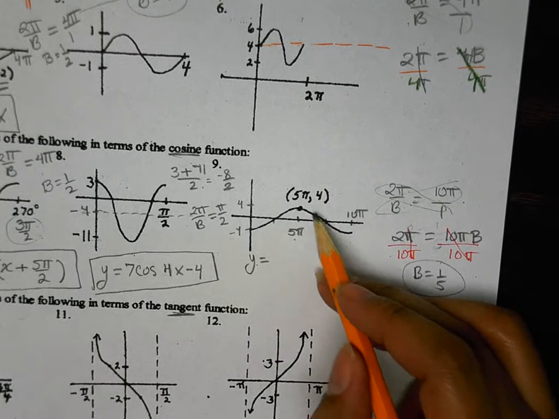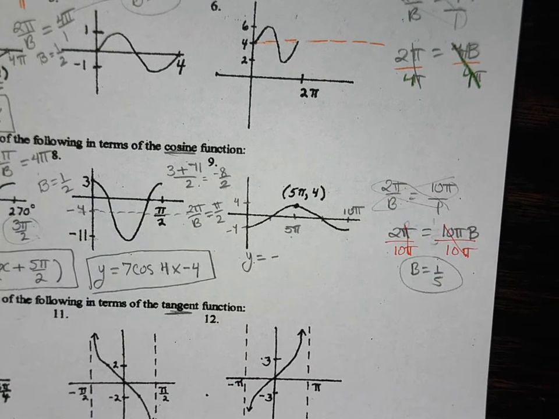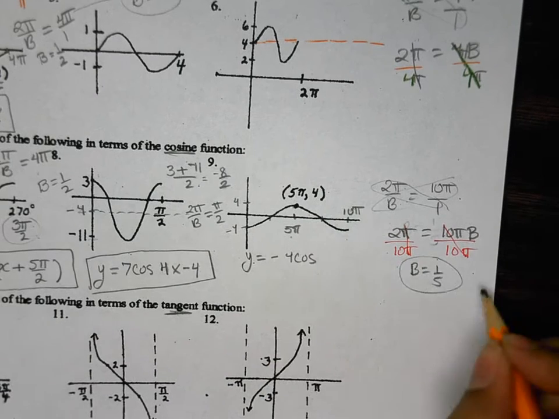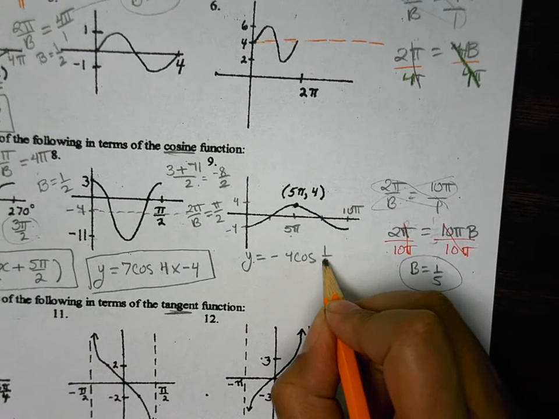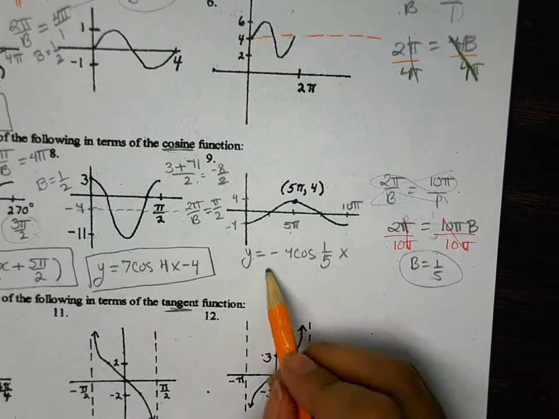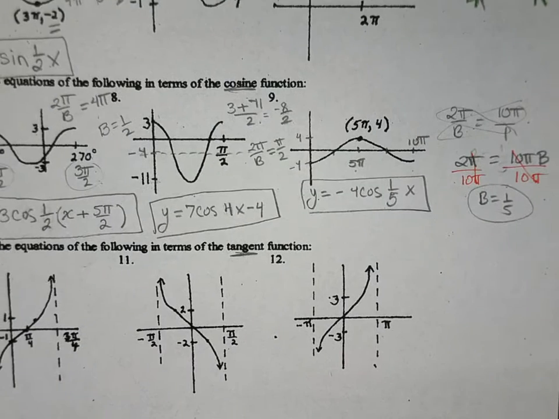I'm sorry, positive or negative? Negative. Negative 4 cosine, and b is 1/5 x. And since there's no other shifting, that is it. We are done. Got it?